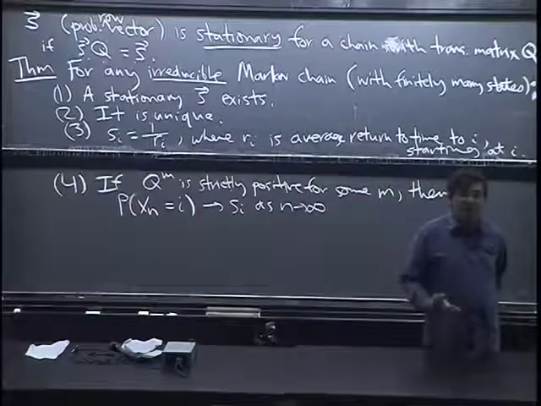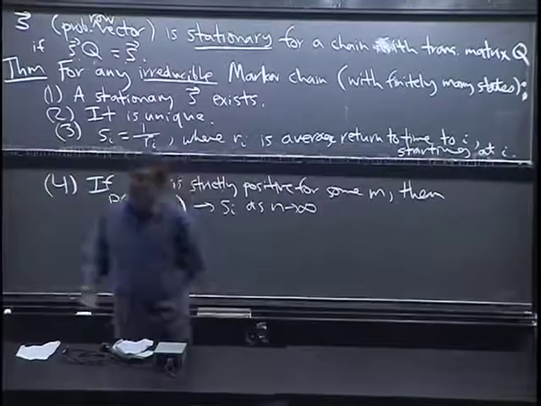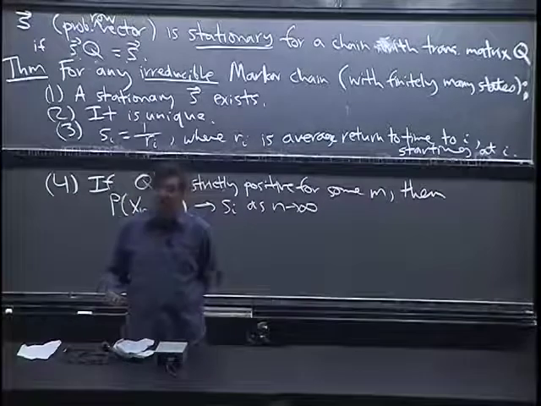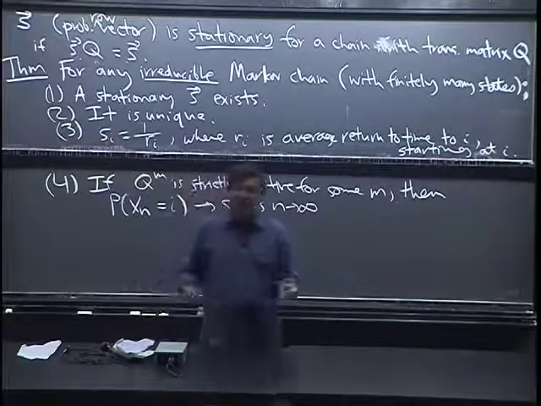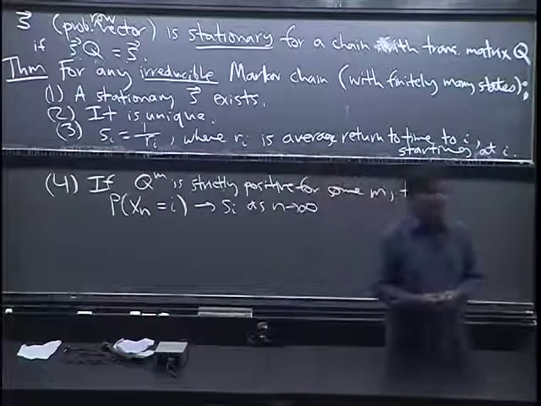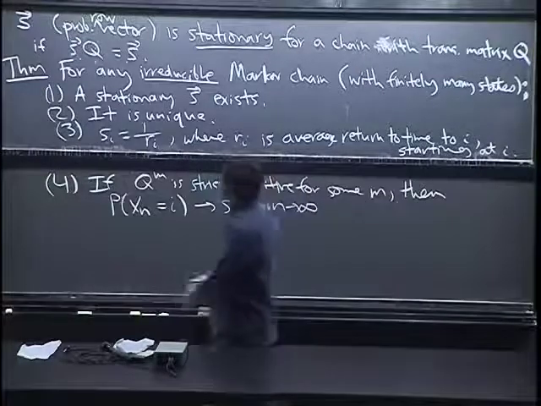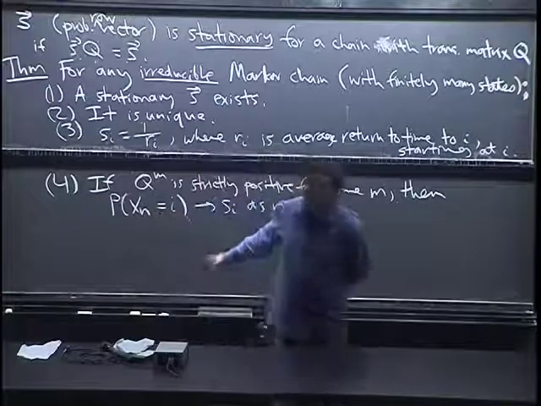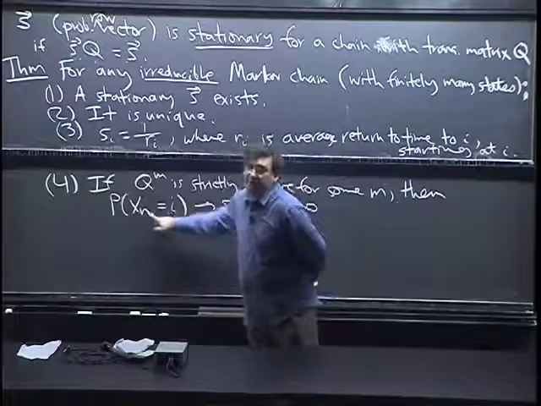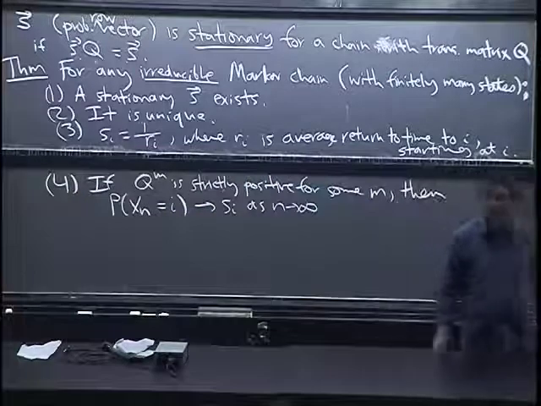So we could say start out deterministically, like start at state 1 always, or we could say we choose a random state according to some distribution, which may or may not be the stationary distribution. You just have to give it some initial condition. But no matter what the initial condition is, in the long run, as n goes to infinity, the distribution, that's just the PMF at time n, converges to the stationary distribution.